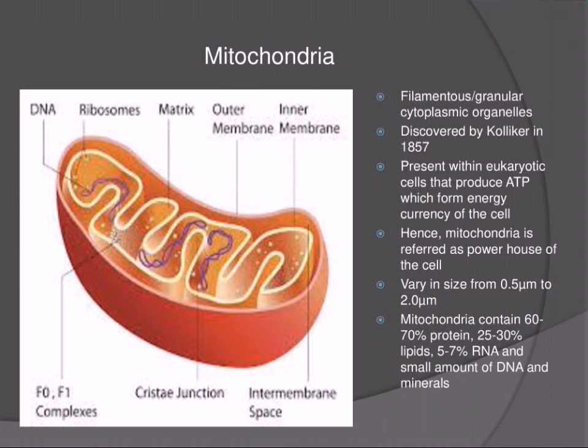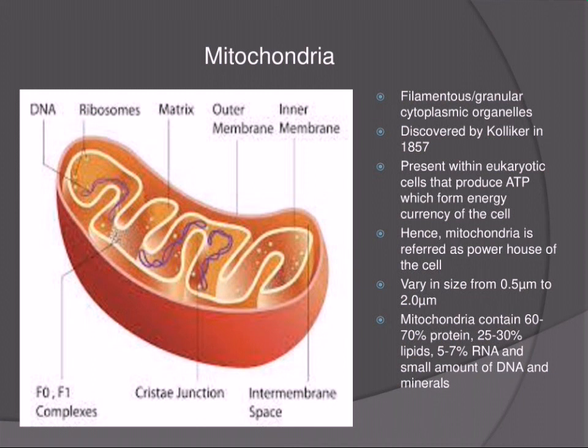Next is the inner mitochondrial membrane. You can refer to the diagram. The portion which is next to the outer membrane is your inner membrane. This inner membrane, unlike the outer membrane, is semi-permeable in nature. That means only a few molecules can enter and exit the inner membrane of the mitochondria.